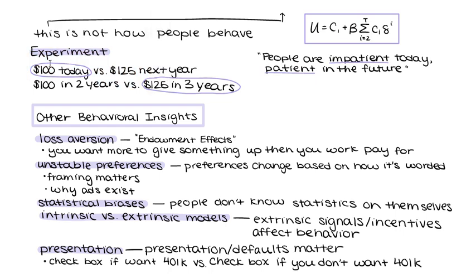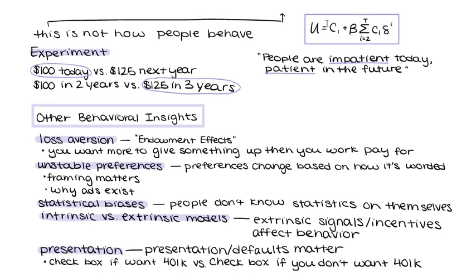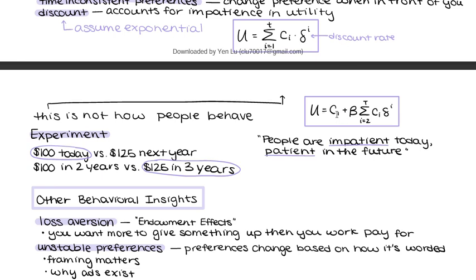Because if we use a very rational model, these two should be the same. So they don't need to choose $100 today. They would change to $125 next year. But in fact, things do not work like that. So we write that the consumption of today, which is consumption one, is very important.